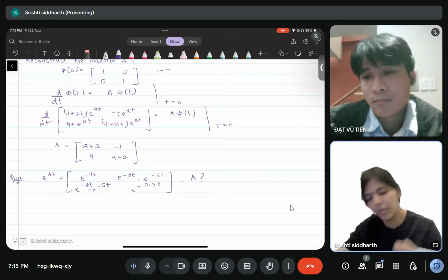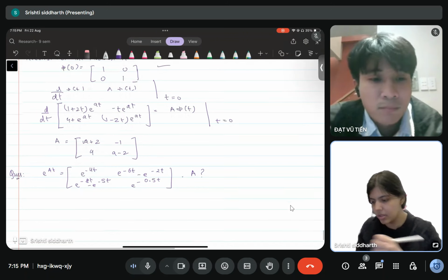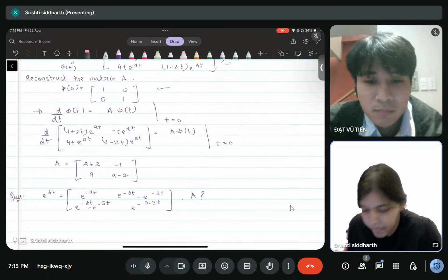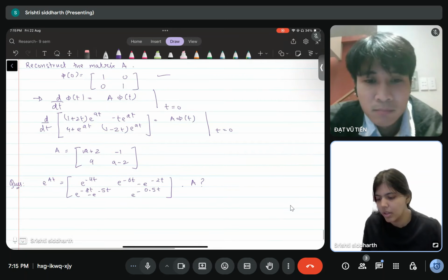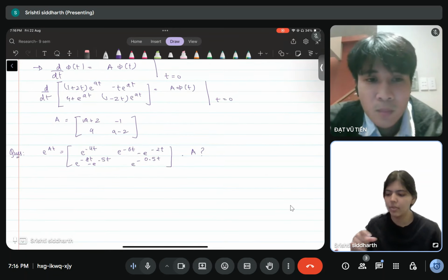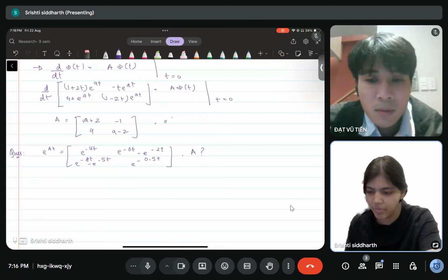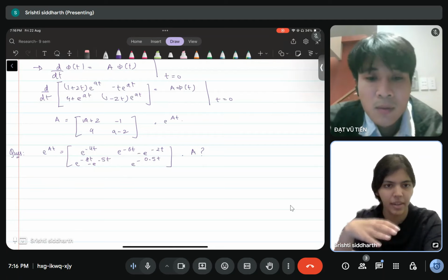You have to figure out what A is. So again, using the same identity, you can figure out what A is. Also, if you want to verify that you have done all these computations correctly, after you have A, you can compute e to the power At back and see if they match.